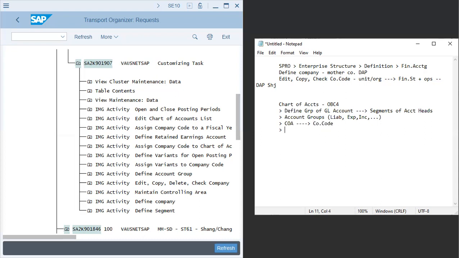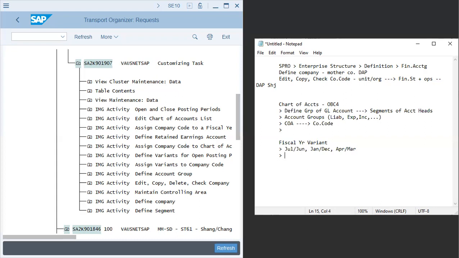Okay. Now, next step is fiscal year variant. Fiscal year variant is July to June or Jan to December or April to March. Okay.